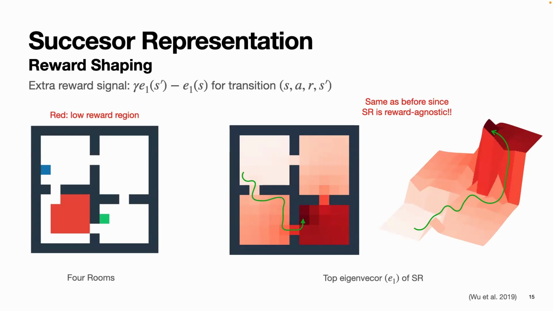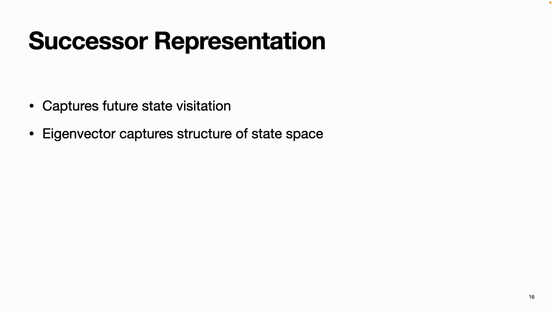So this can be a problem. So here's a brief summary. The successor representation captures future state visitation. Its eigenvector captures the structure of the state space, but it is reward agnostic and can be problematic in environments where reward awareness is important. Are there any questions at this point? Okay.